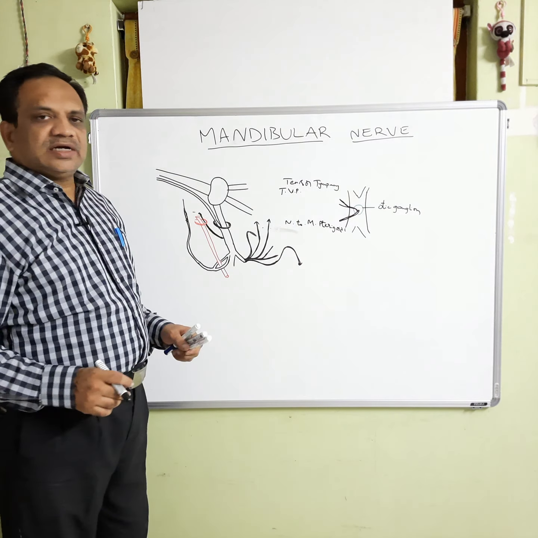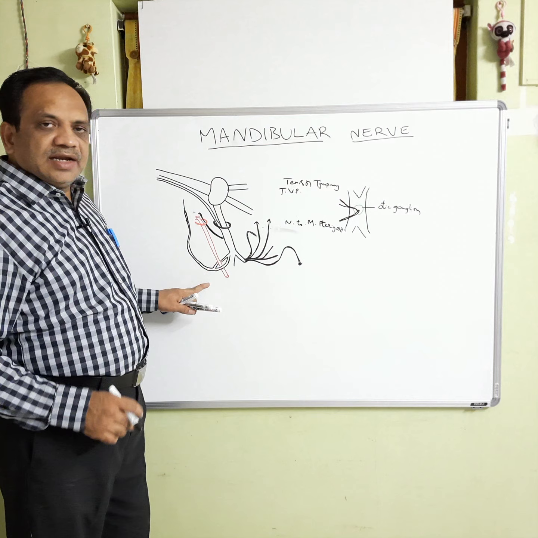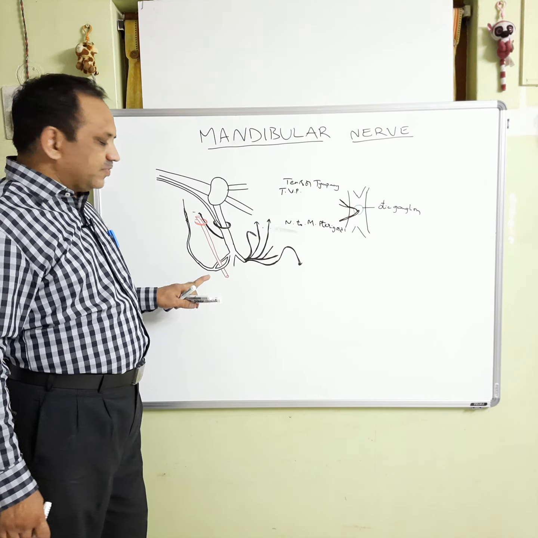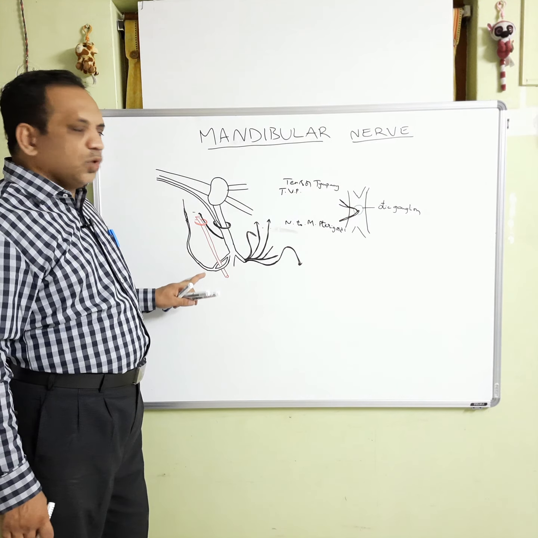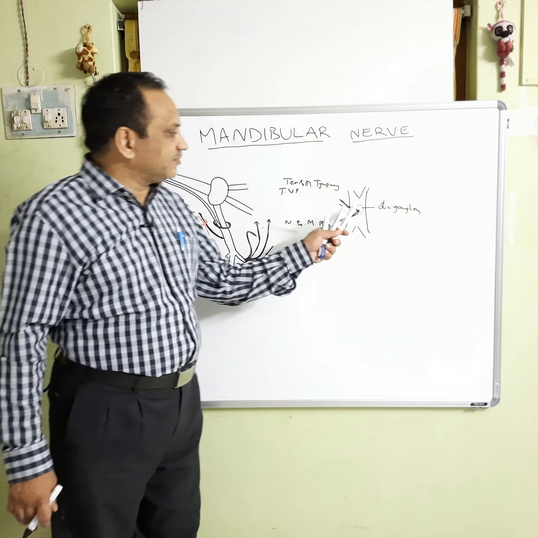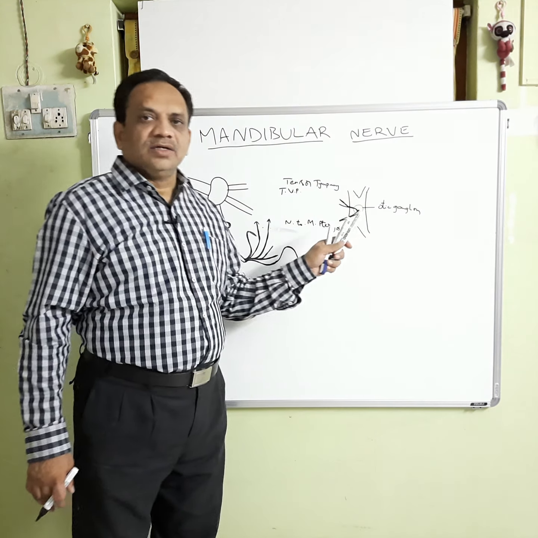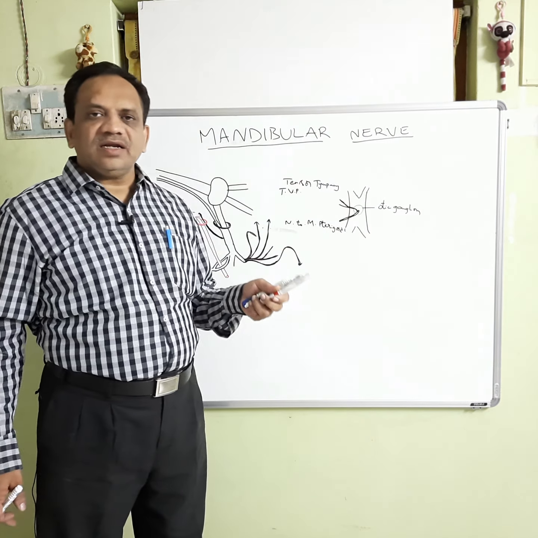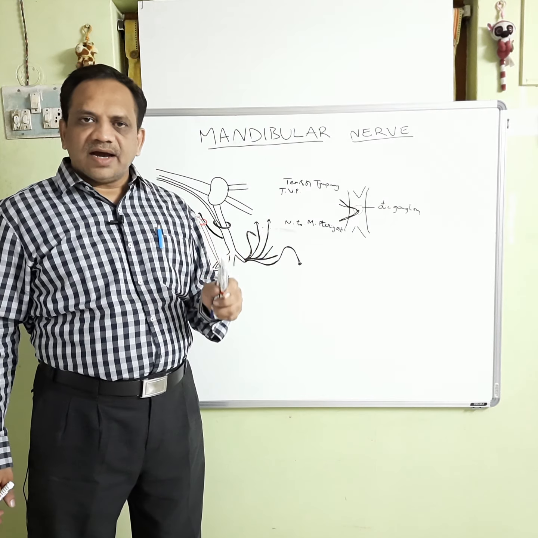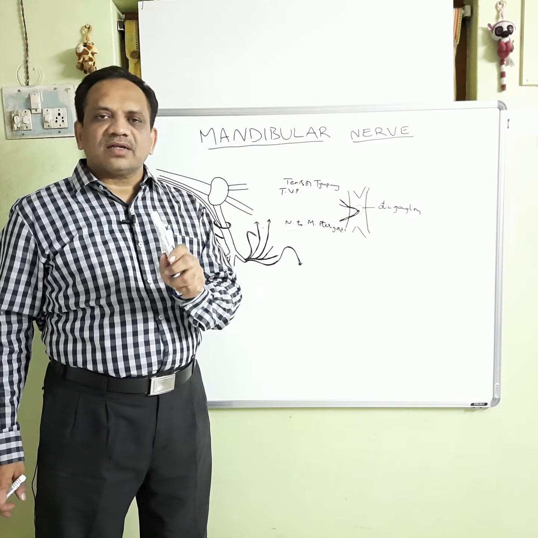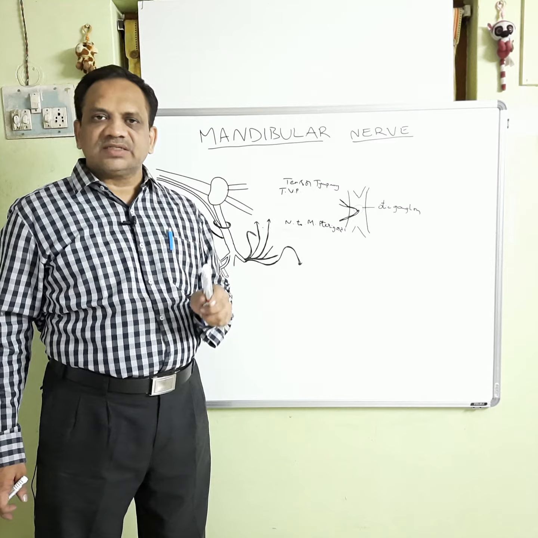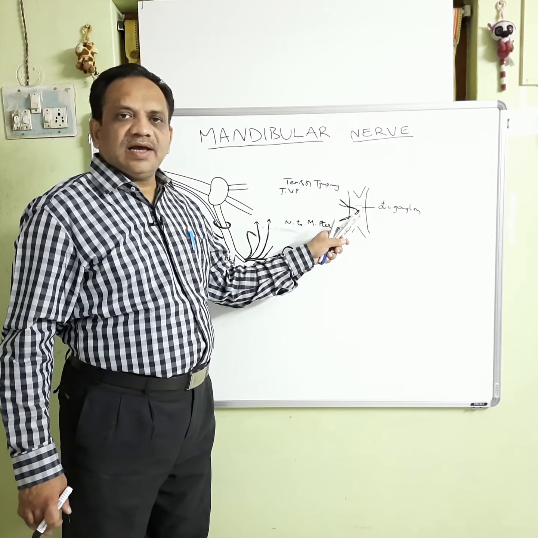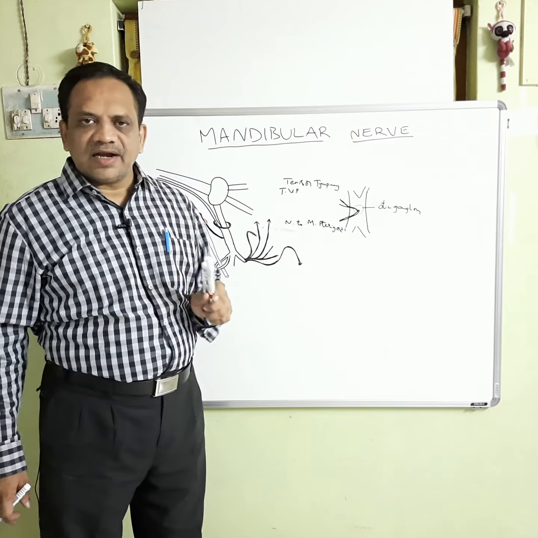The most important thing is it carries special fibers, which are the postganglionic fibers from the otic ganglion. These are the postganglionic secretomotor, that is parasympathetic, fibers from the otic ganglion to the parotid gland.